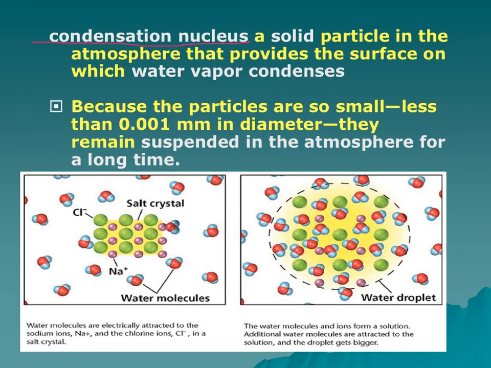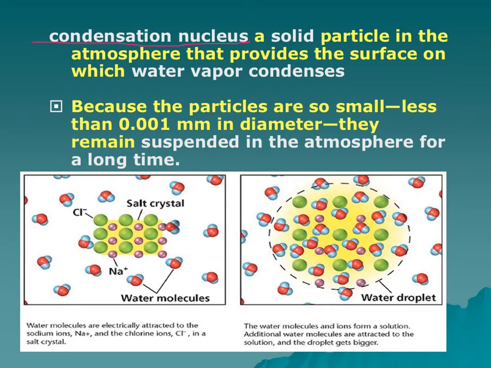What you can see down here at the bottom, and I believe you have this picture in your notes with the words, but if they're hard to read, rewrite them, is kind of explaining what happens. The water is attracted to the negative and positive ions of the salt crystal, so we get this water droplet that has a lot of water molecules intermixed among the molecules of that salt crystal.